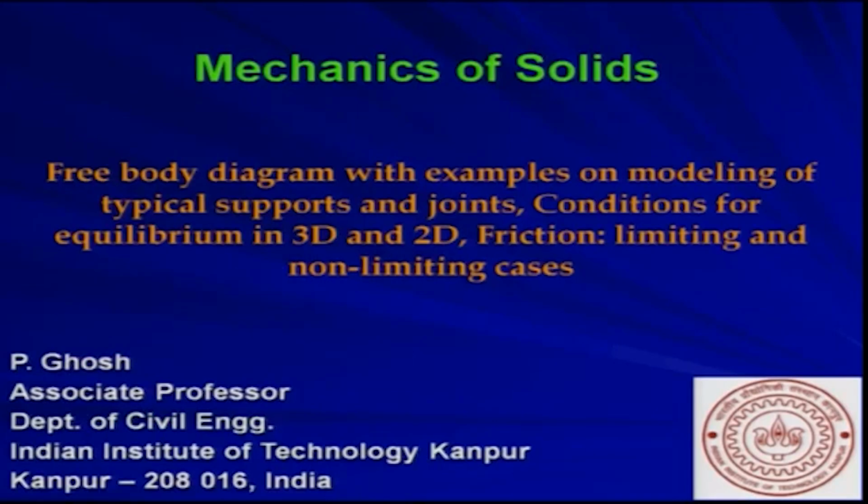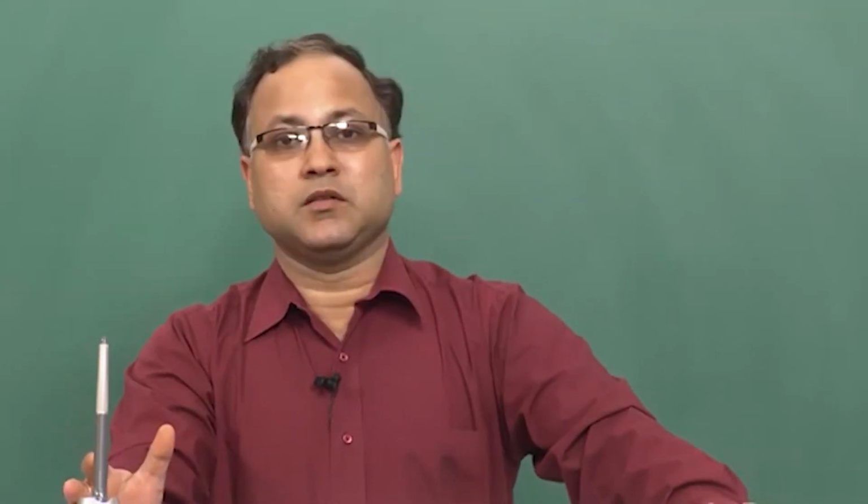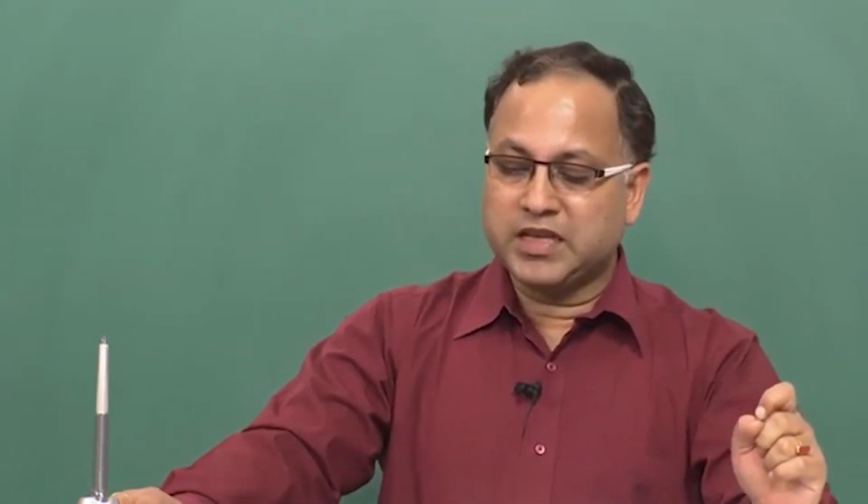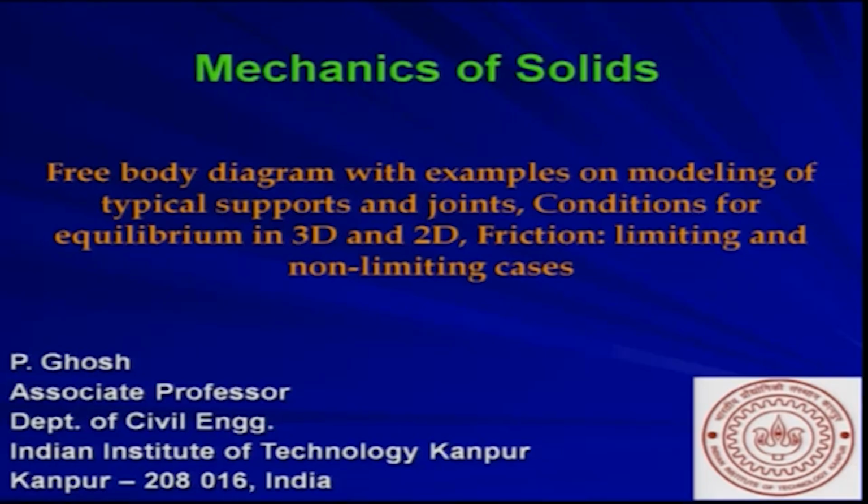Okay? Well, so with this brief introduction, now we can exactly start our course. So first we will talk about these things as we have planned tentatively. First one is free body diagram with examples on modeling of typical supports and joints, conditions for equilibrium in 3D and 2D, friction, limiting and non-limiting cases.